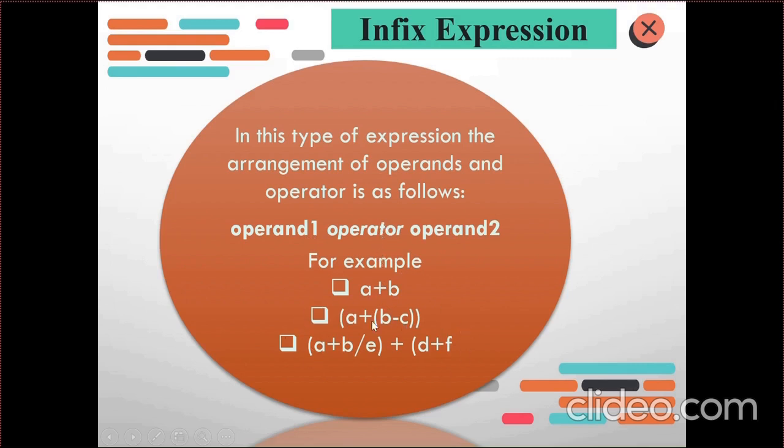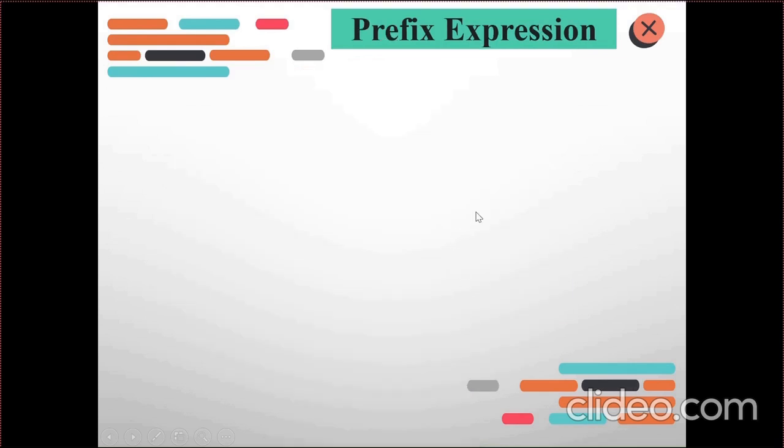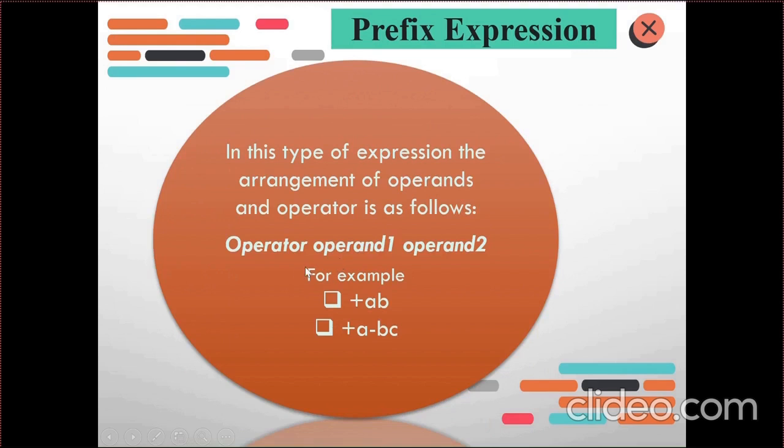Same with the other example. This b minus c would be evaluated to some value, so that would constitute the second operand, and this in that case would be the operator, and this a would be the operand 1.